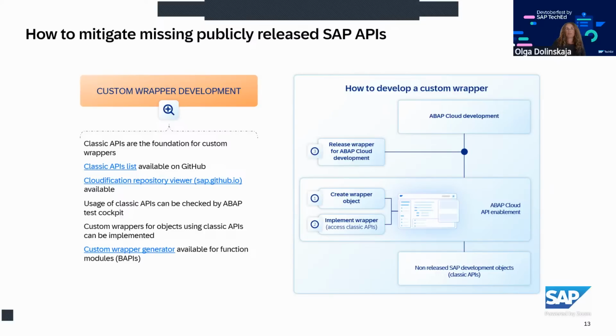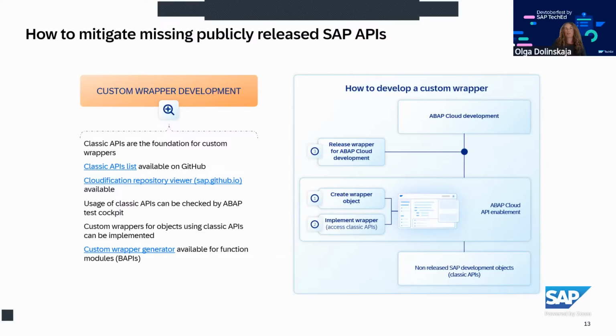And the important thing is, if you implement your own custom wrapper, you need to rely on classic APIs. So if your custom code is using such classic APIs, which are provided by SAP, as already mentioned, then this custom code piece can be rebuilt and provided as a wrapper.